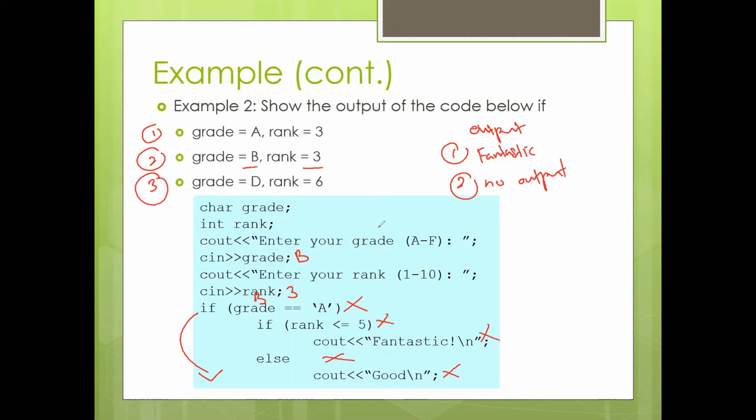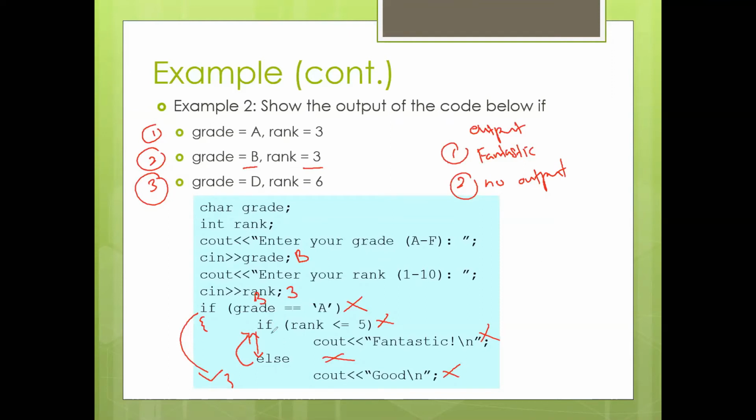Okay, sebab apa? Ramai yang mesti pelik. Habis Miss kata kena ada curly braces baru menunjukkan ini kepunyaan ini kan. Okay, kenapa dia tak pergi ke else? Bukan sebab indentation yang sama, tetapi konsepnya adalah walaupun ini tak ada curly braces, else yang ini akan pergi ke nearest if. Dia akan pergi ke if yang terdekat.